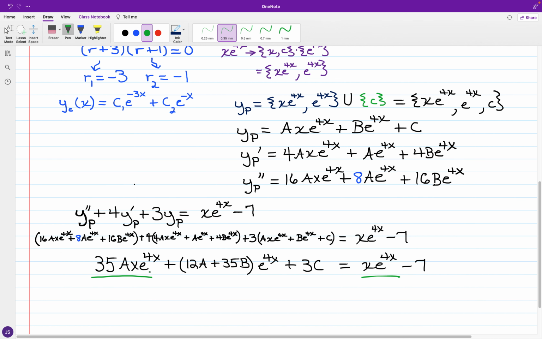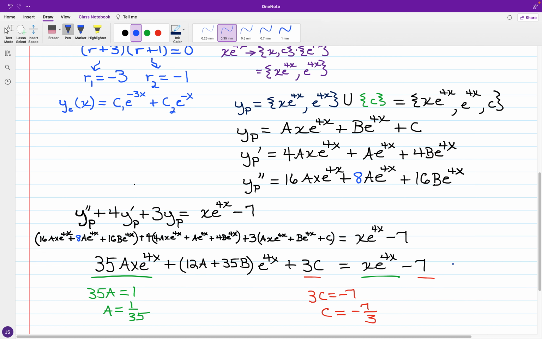Looking at what can be mapped together, for xe to the 4x you have 35a on the left, and on the right the coefficient is just 1. So we have that a is equal to 1/35. Looking at the constants, 3c is equal to -7, so c is equal to -7/3.